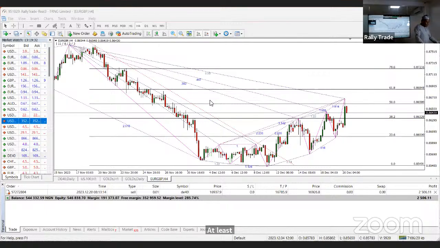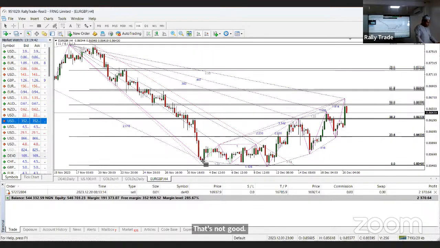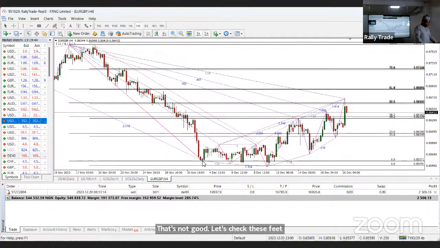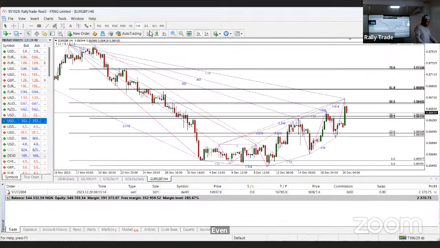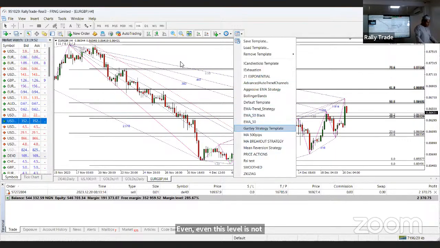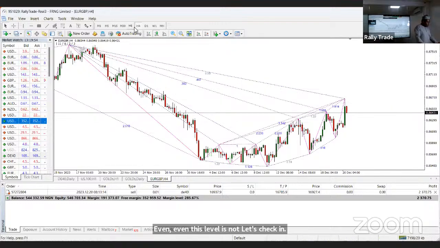Higher high. This is not good. That's not good. Let's check this fib. Not even this level is up to 61.8. So let's check with H1.